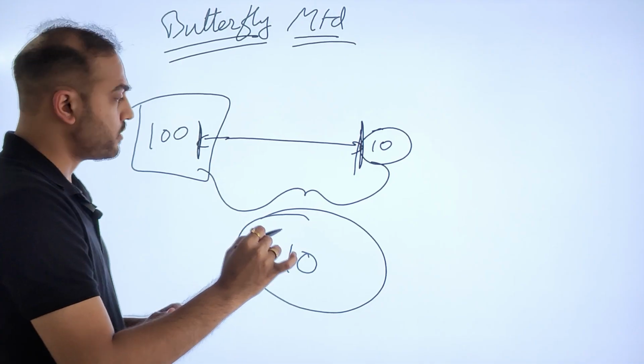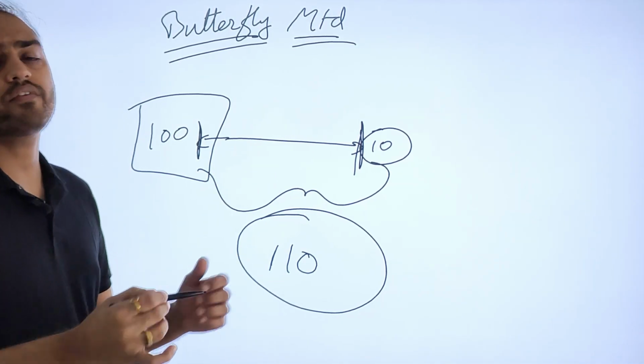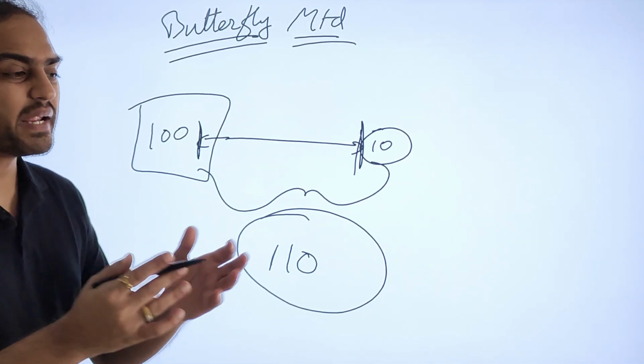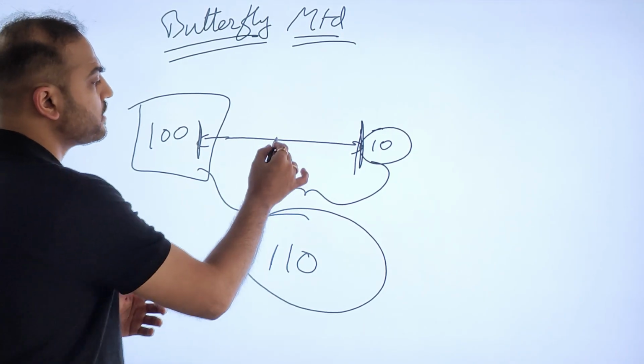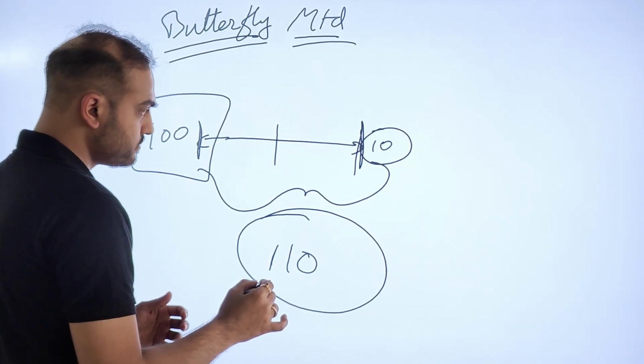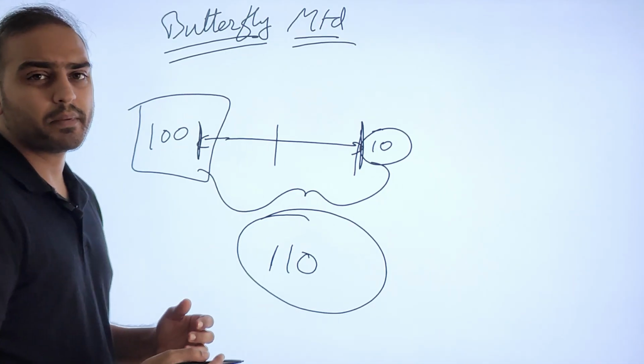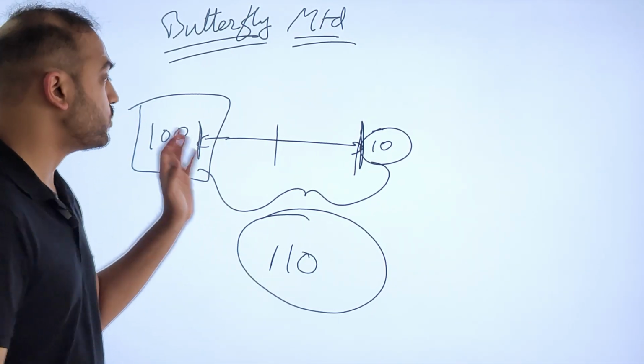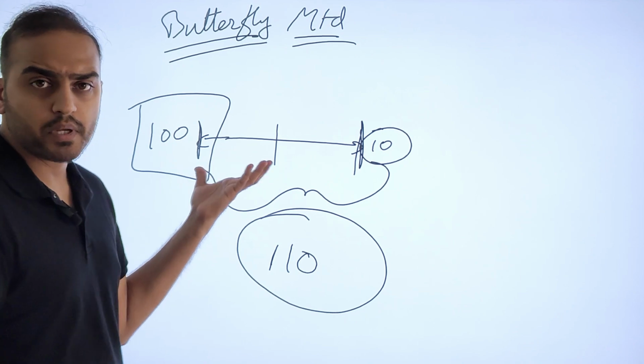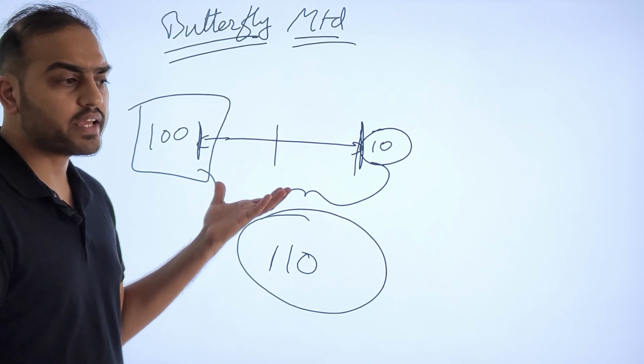Say when we talk about a meeting, they won't meet in the middle. It's very idealistic of us to think that, oh, let's meet in the middle. These are 100 people. They will say no.